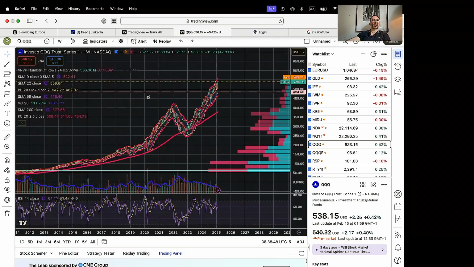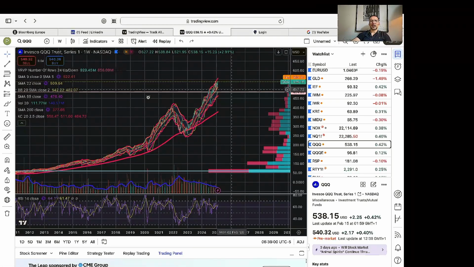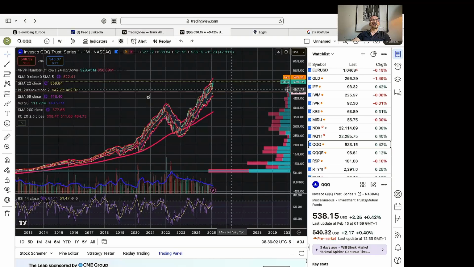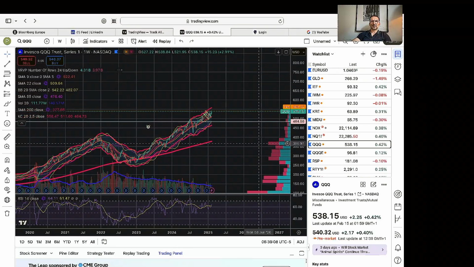So what possible scenario can we see now that we reach this level? The first one is that there might be a short-term pullback, and it will be around 510, 520. That means we're going to retest that zone again.